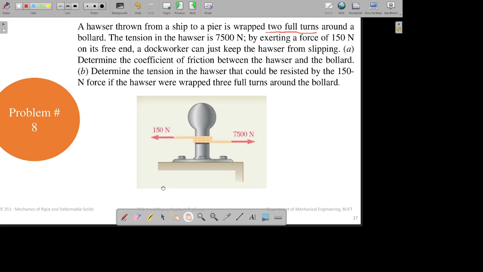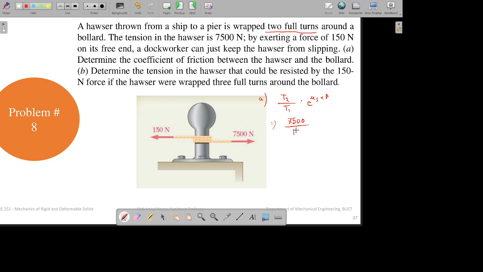For part A, we know the formula T2 divided by T1 equal to e to the power mu s into beta. Everything is given except mu s. This is a very simple question. T2 is the larger tension, which is 7500.